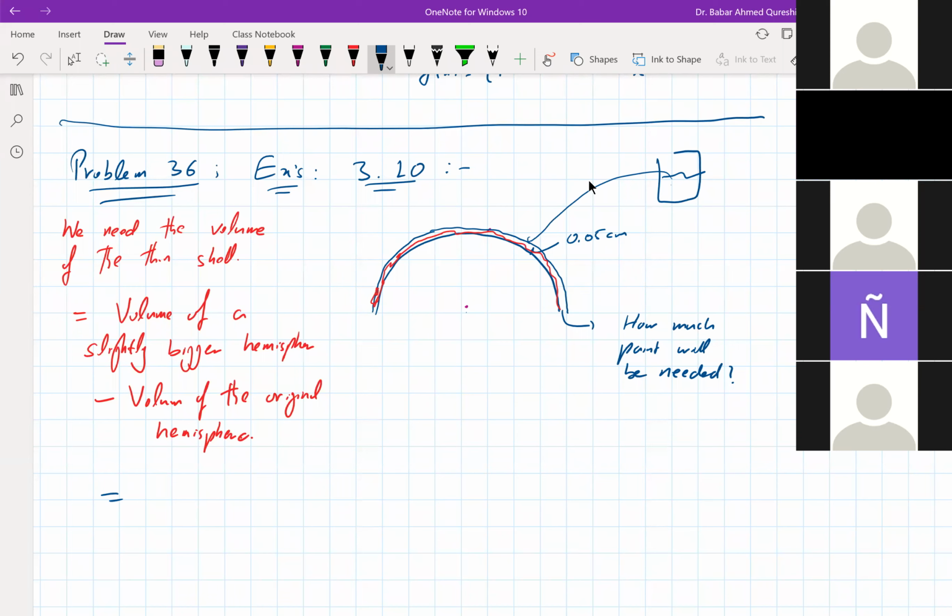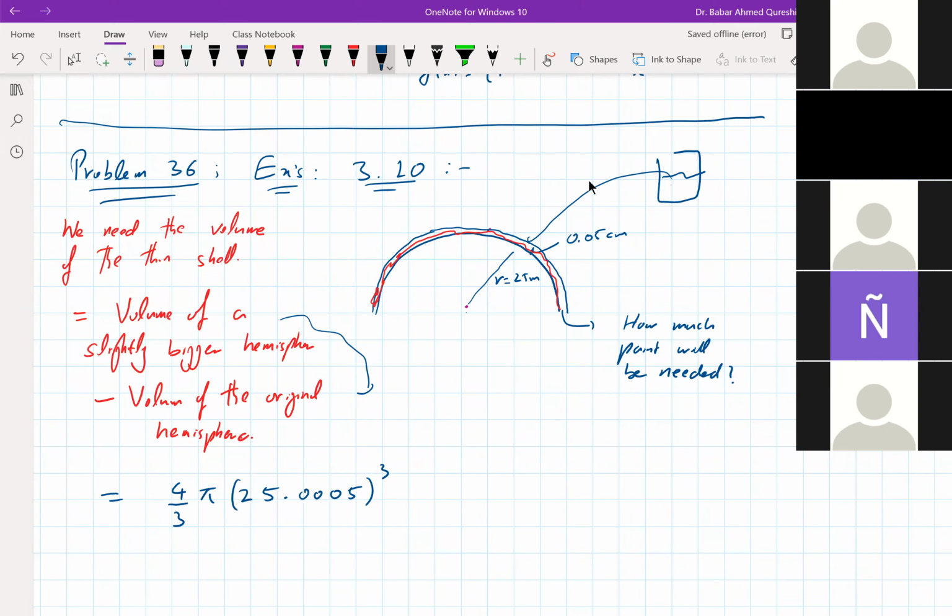The radius of this hemisphere is how much? It's given to be 25 meters, as we were given that the diameter is 50. So the volume of the outer sphere is 4/3 pi r cubed, where r in that case is (25 + 0.0005) meters, cubed.